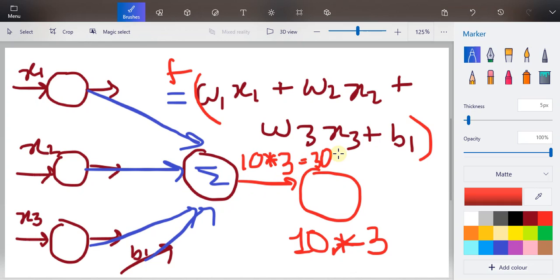So activation function is where I am implementing some function on the data that is received from the previous layer.